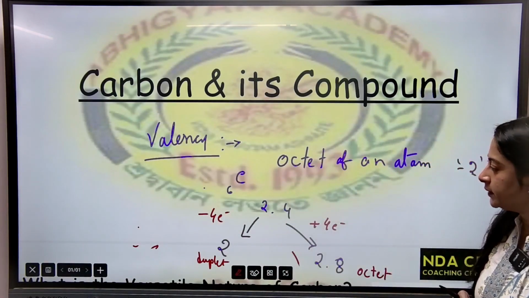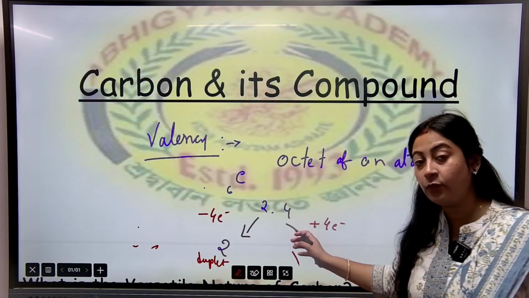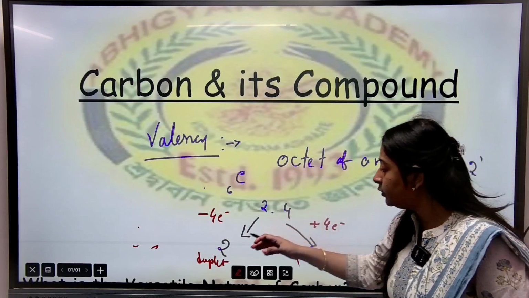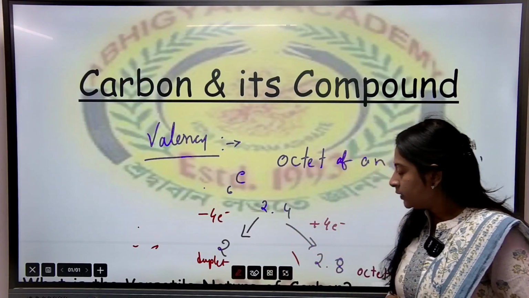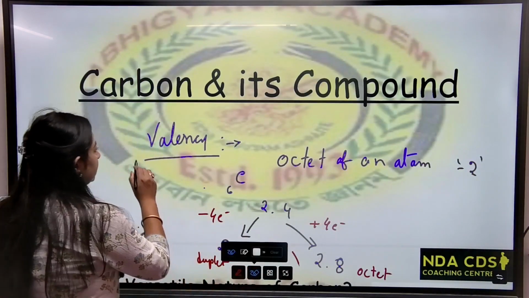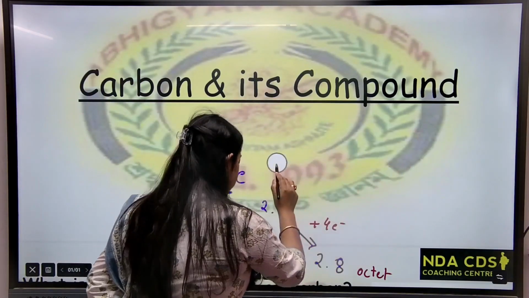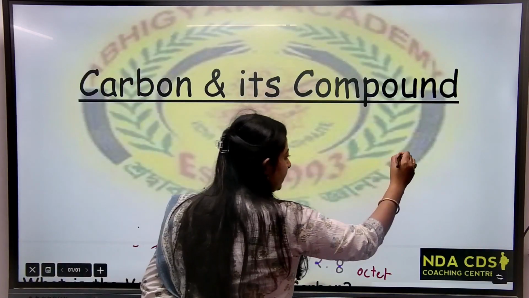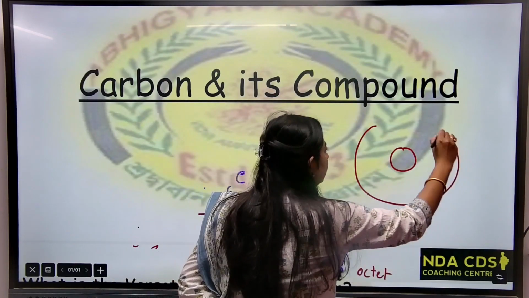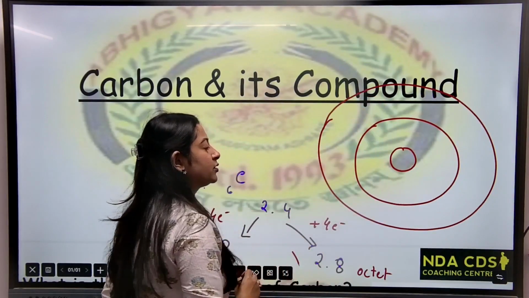First, we have to see the possibility. Carbon has 6 electrons, its configuration is 2.4, so it has 4 outermost electrons; that should become 8 if we talk about octet, and 2 if we talk about duplet. But whenever we see the atomic model of an atom, we have the basic idea that there is a nucleus at the center of an atom, and these are the shells or orbits where electrons are revolving.